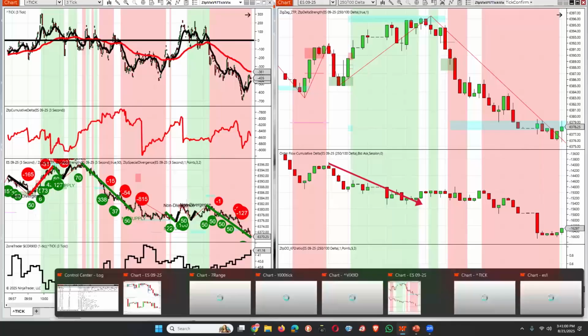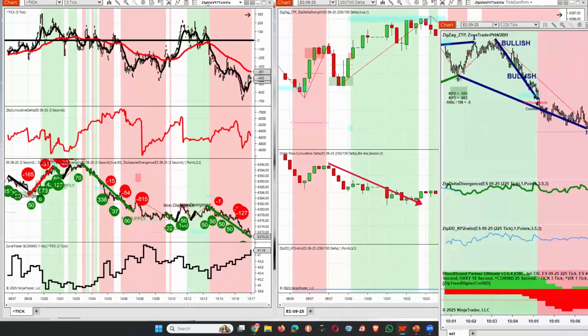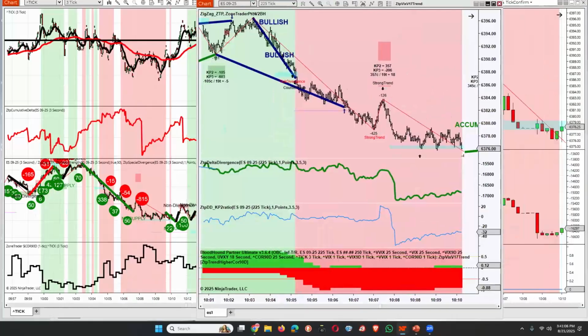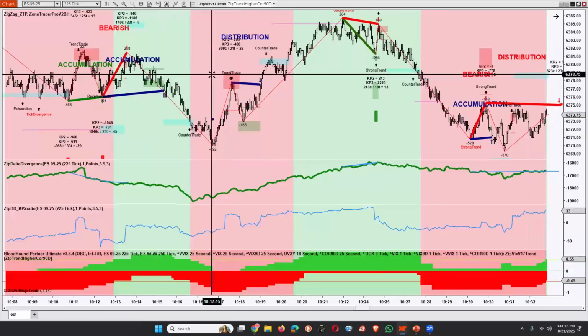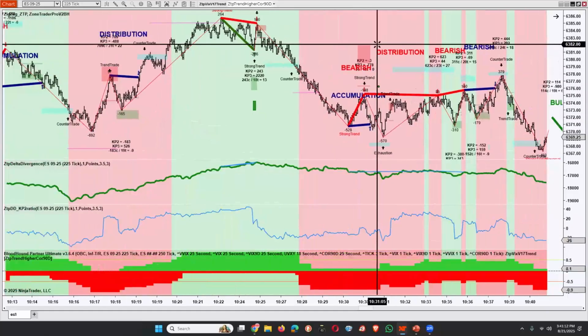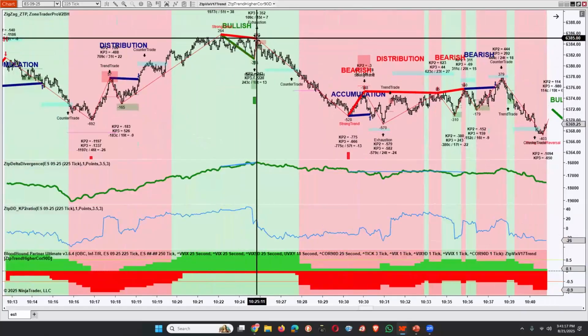Let me bring up our ES chart from today. Again, there's a lot of things that I can go over in a chart like this, such as here, from 1025, excellent trade. We have our exhaustion pattern.